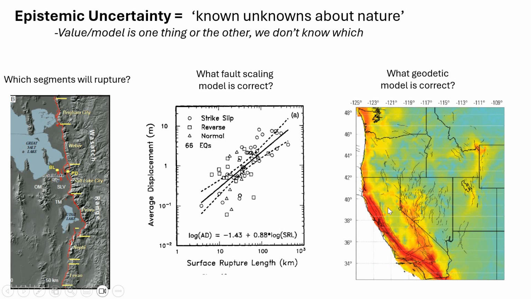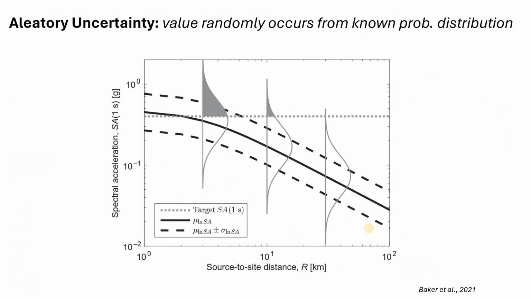Should we assume a geologic slip rate? Or should we assume a geodetic slip rate from GPS? And if it's a geodetic rate, which model should we use? So these are all kind of black or white choices where we don't know which one is correct, and we'd like to be able to kind of include the different options in our final model.